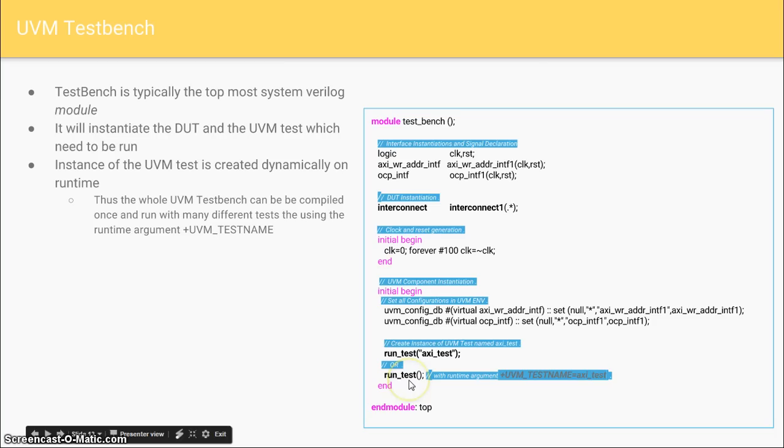Thus, this is the recommended method. You should always use run_test without an argument, and use the runtime argument plus UVM_TESTNAME equal to the actual test name which needs to be run in this particular simulation, so that UVM will take this argument as the test name. So this is the setup for UVM, and this is the general structure of any UVM top level test bench module.